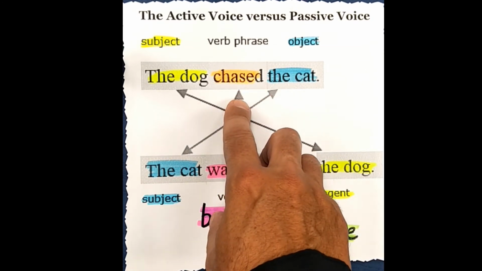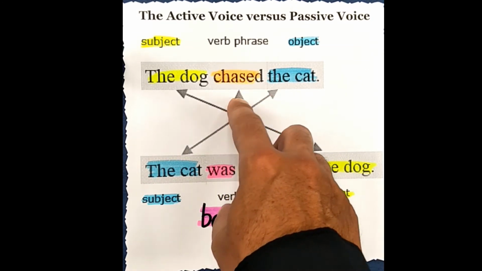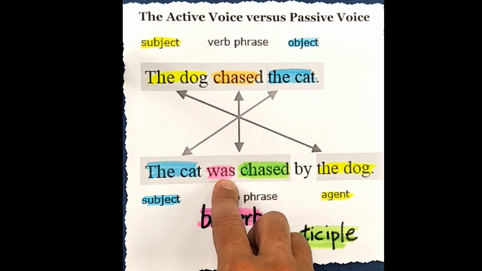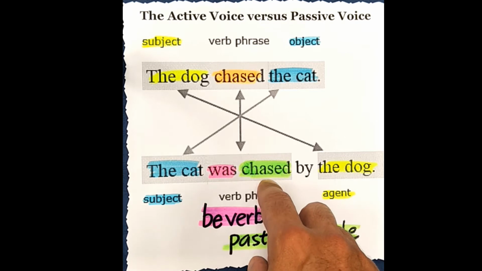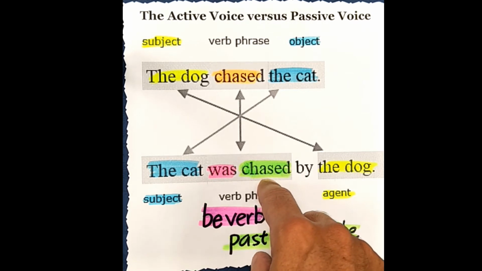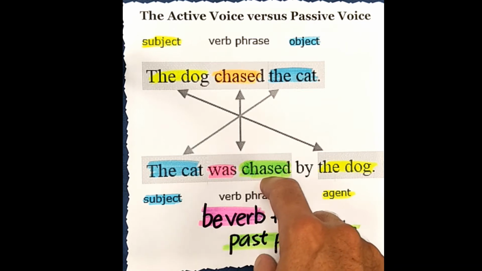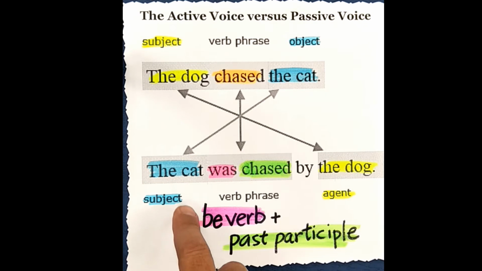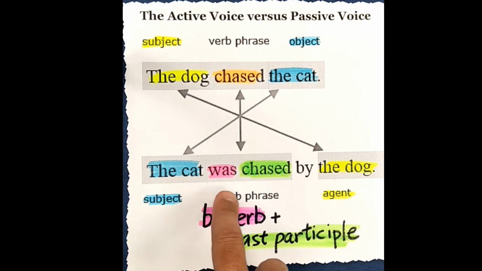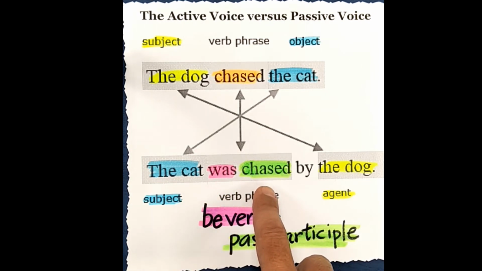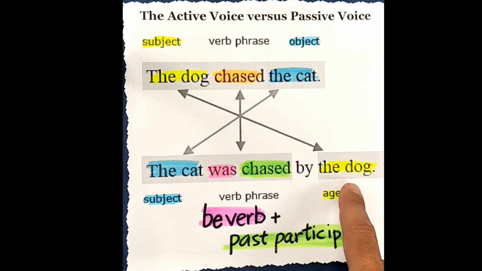The simple past verb changes to the simple past be verb and the past participle for chase. Remember, chase, chased, chased. So the passive voice now reads, the cat was chased by the dog.